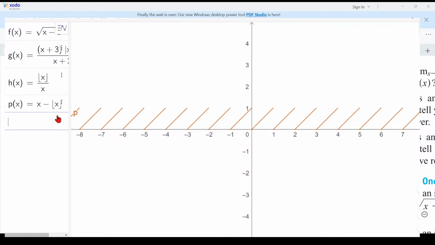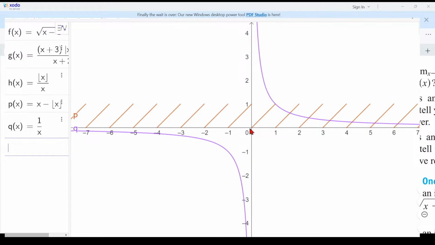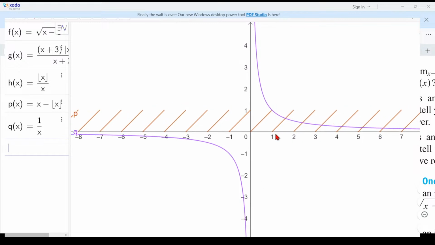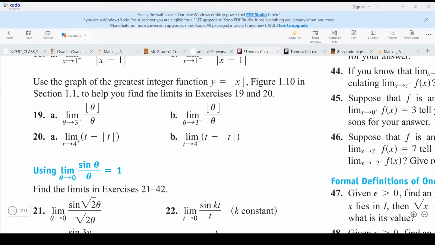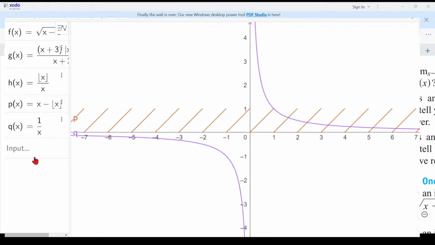For example, 1 by x. So far we have discussed 1 by x. There is a break here, because on one side it is this and on the other side it is this. As a whole it is also a break, but at least you are getting closer to the same thing except for that one single point.